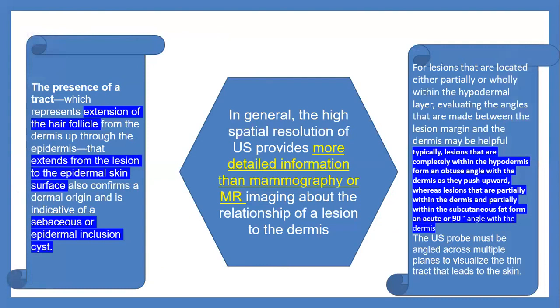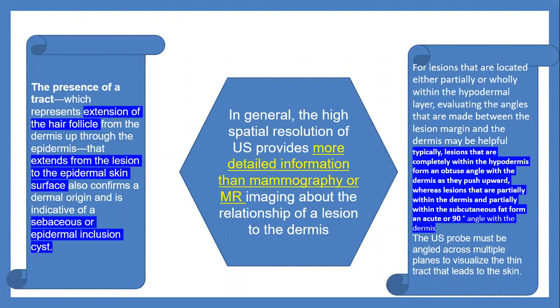In general, the high spatial resolution of ultrasound provides more detailed information than mammography or MRI about the relation of the lesion to the dermis. To make sure this is a dermal or non-dermal lesion, ultrasound is superior because of high resolution and because it has characteristic features to differentiate between these two types of lesion.